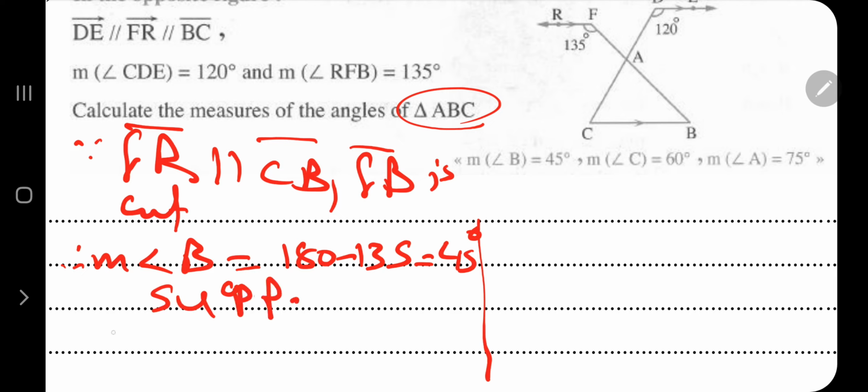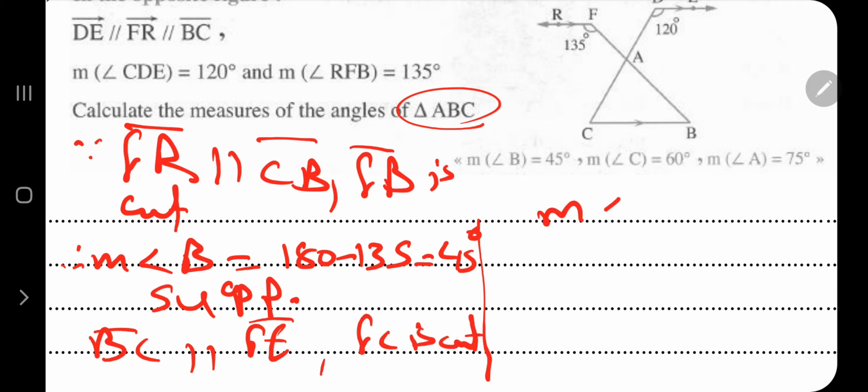By the same way, I have BC parallel to FE and FC is a transversal.